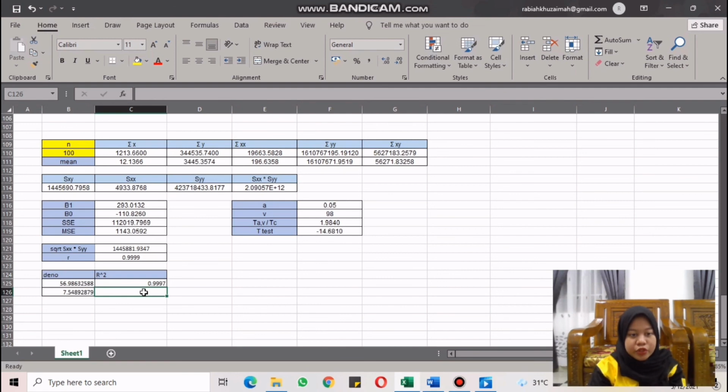Thus, we can conclude that 99.97% of the variation in speed can be explained, while the remaining 0.0003 is unexplained. Therefore, the coefficient of determination is a strong linear relationship because the value 0.9997 is very close to 1. That's all from me. Thank you.